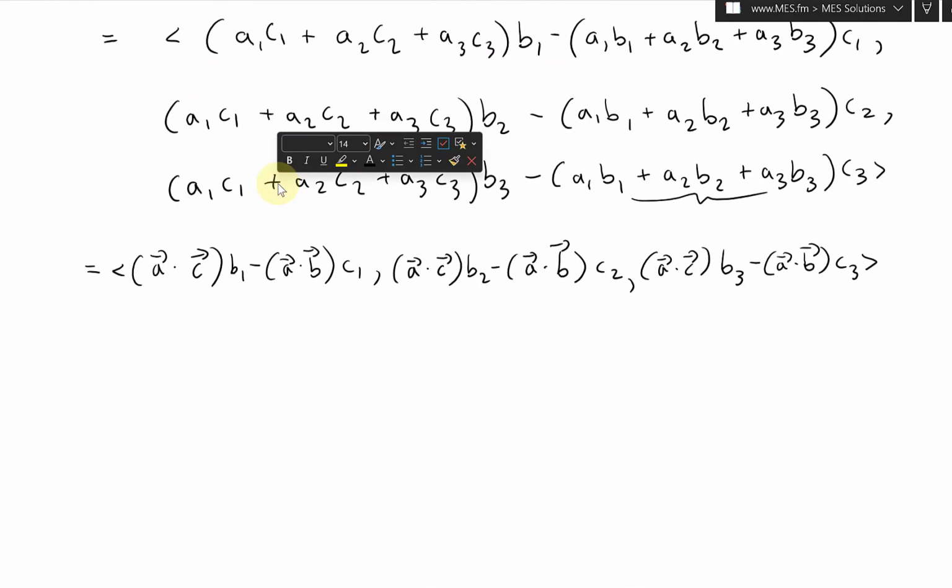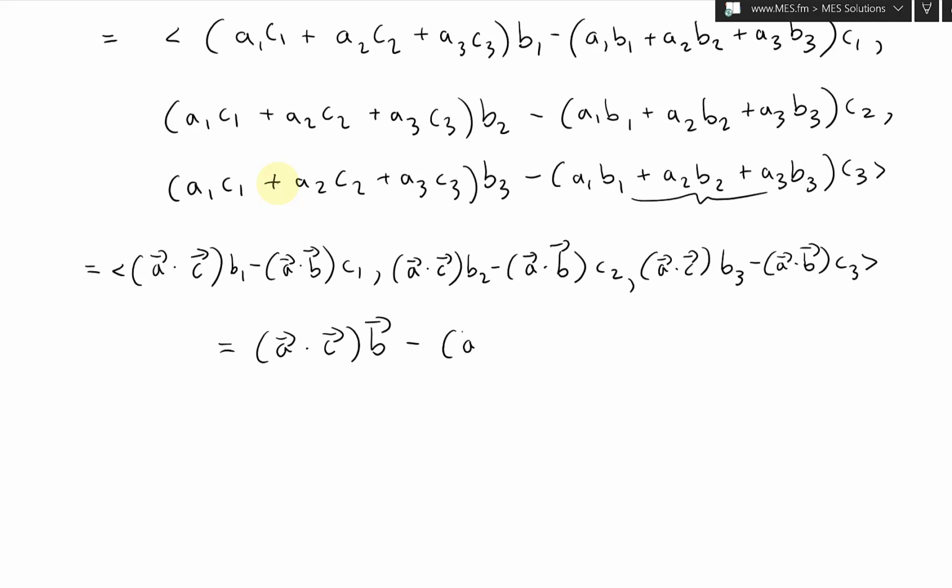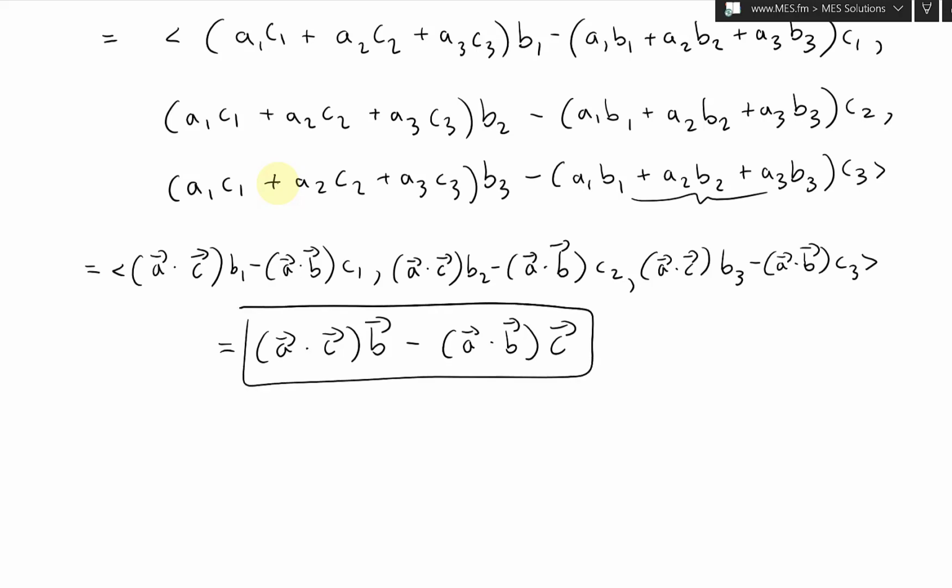This whole thing equals A dot C times the B vector, so we get this scalar multiplying a vector, and subtract A dot B times the C vector. Yes, that's exactly our proof right there.